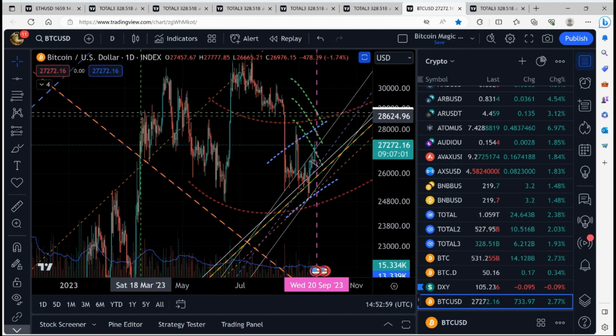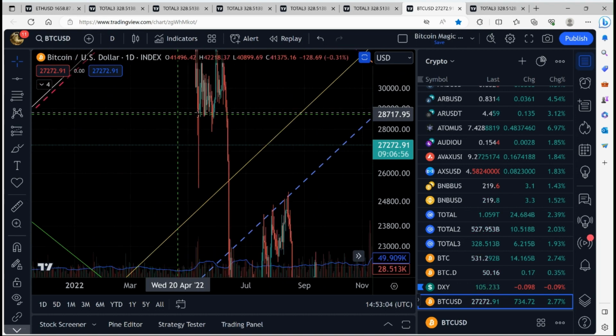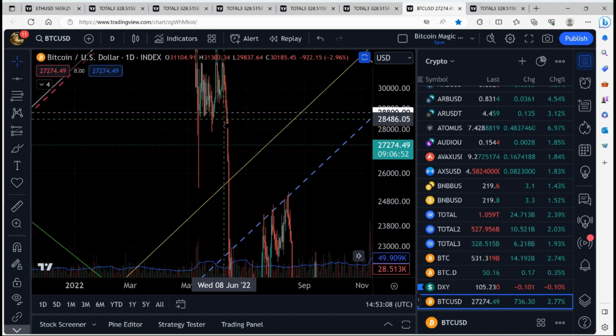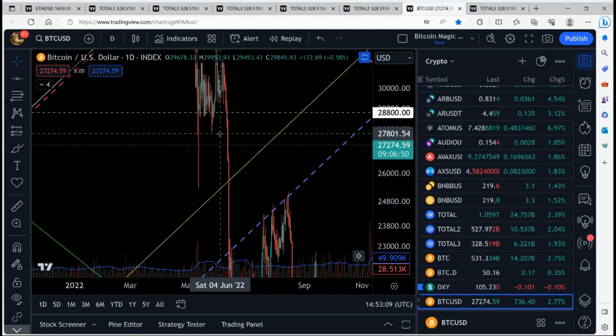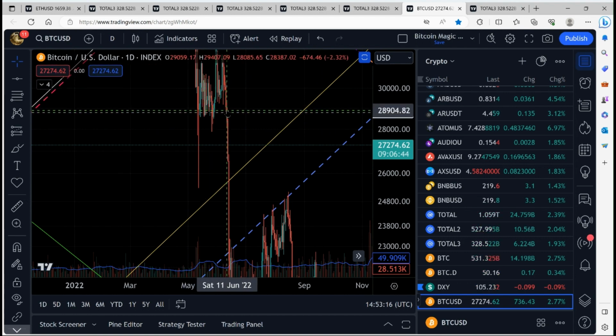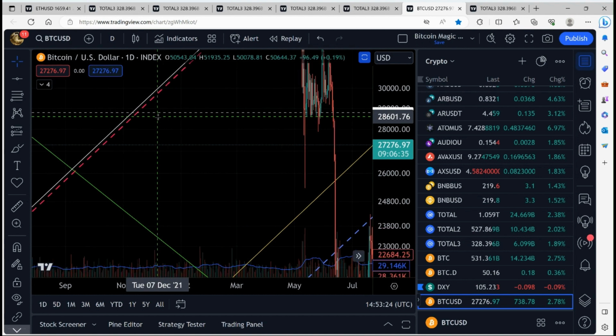Support there, resistance there, a little bit of support there, but it all stems from here back in May and June of 2022. Well, that's not where it stems from, but it also acted as significant support before we eventually fell through with the Terra Luna collapse and Voyager and Celsius and all that stuff.